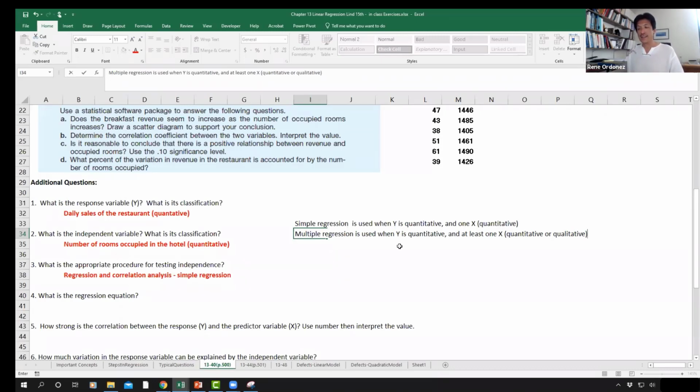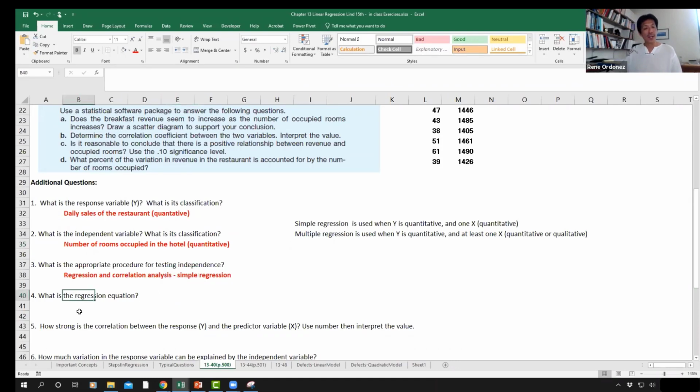Well, again, we'll look at these quantitative and qualitative variables in the next session, or 2 sessions from today. Okay?